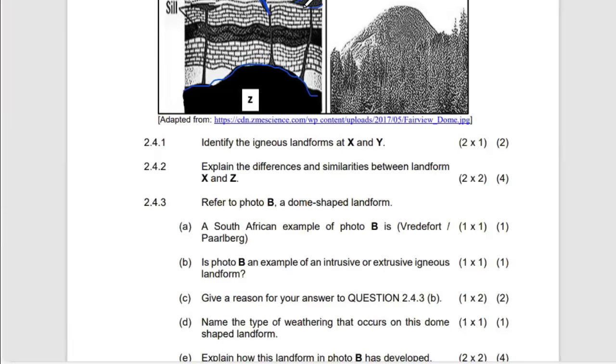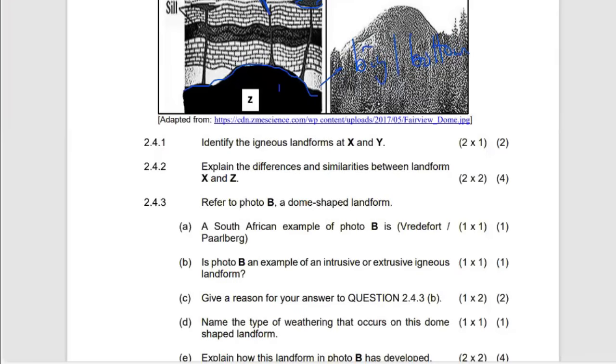So a laccolith is relatively smaller compared to the batholith, which is big. In terms of comparison of size, this one is relatively smaller and it forms in between bedding planes. It's formed between rock layers. This one is big and is forming at the bottom. You see the distinction there.